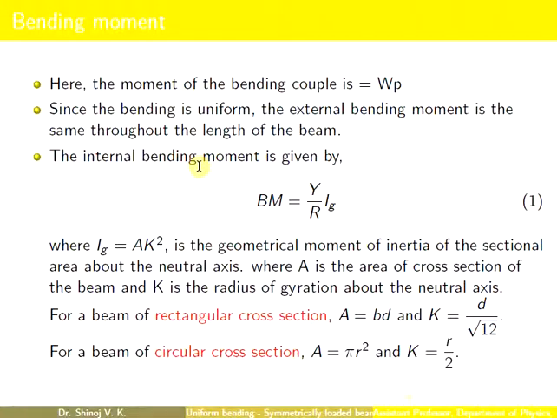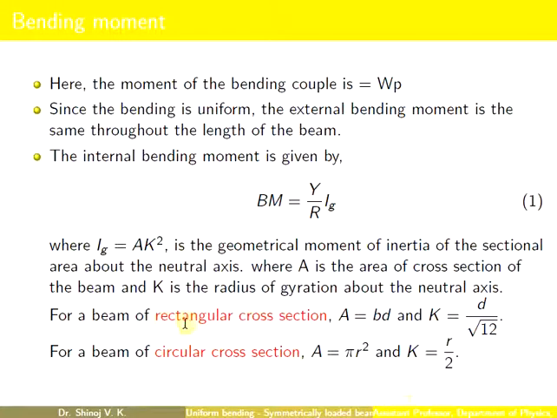of the beam. Now we already have the expression for the internal bending moment, which is given as Y Ig by R, where Ig we define as the geometrical moment of inertia, and it is given by A k squared, where A is the area of cross section of the beam and k is the radius of gyration about the neutral axis.